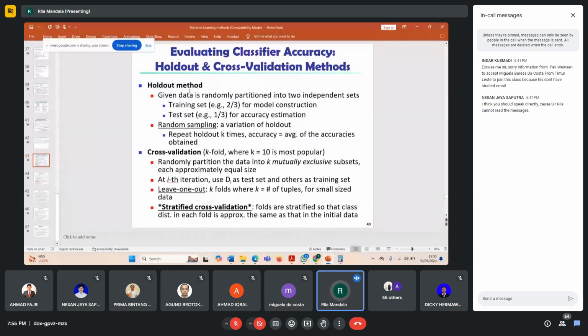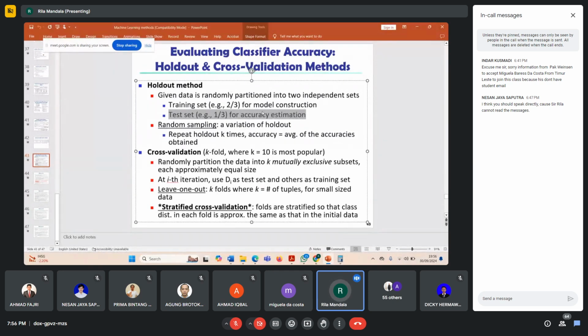In the hold-out method, the given data is randomly partitioned into two independent sets: a training set and a testing set. For example, 2/3 of the data set is used for training and 1/3 is used for testing.